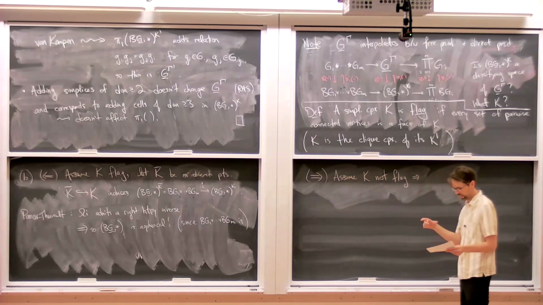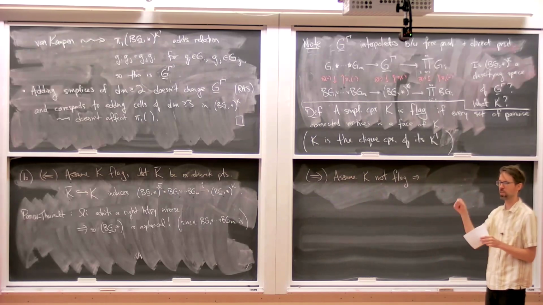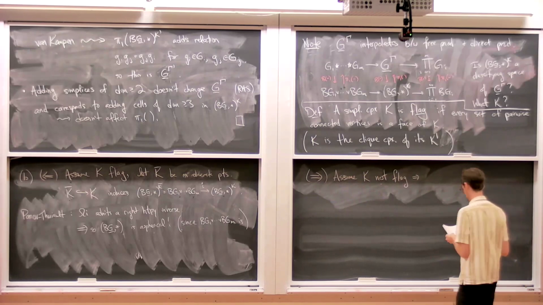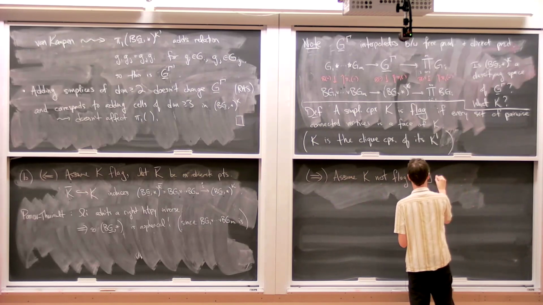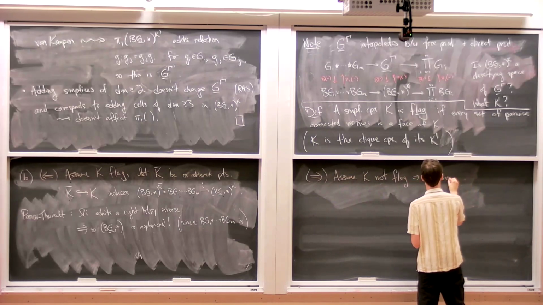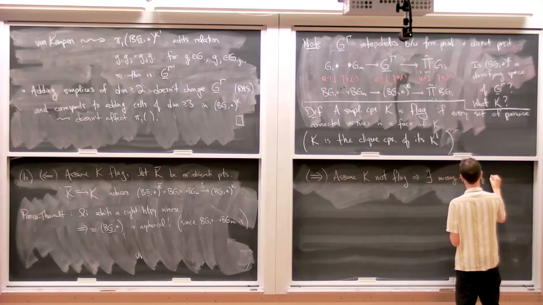that just means it must have a minimal non-face, which is not just cardinality 2, right? It must have a missing face which isn't just an edge. So there must be a missing triangle or a missing 3-simplex or something like that. Let's call it I, right?